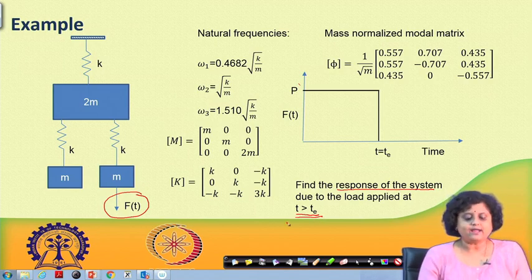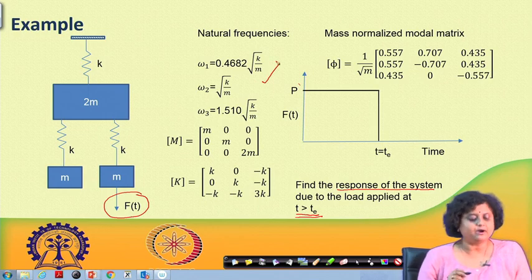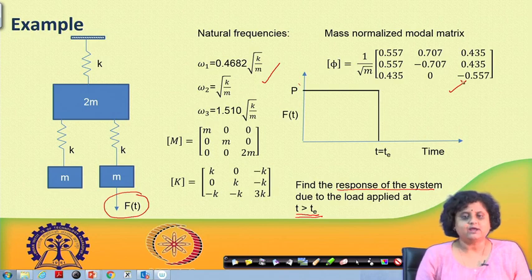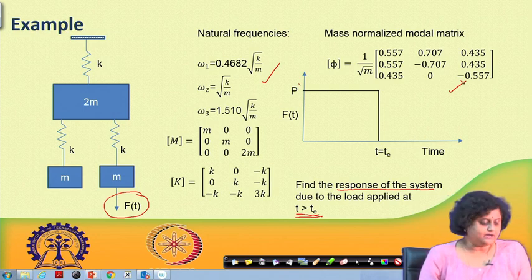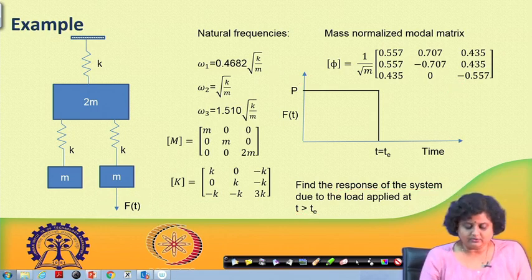So, we have already found out the natural frequencies of the system earlier. We have found out the mass normalized mode shapes of the system earlier. We are not going to redo it, we are just going to use these values and then try to find out the response of the system. So, let us now see how we are going to do that.